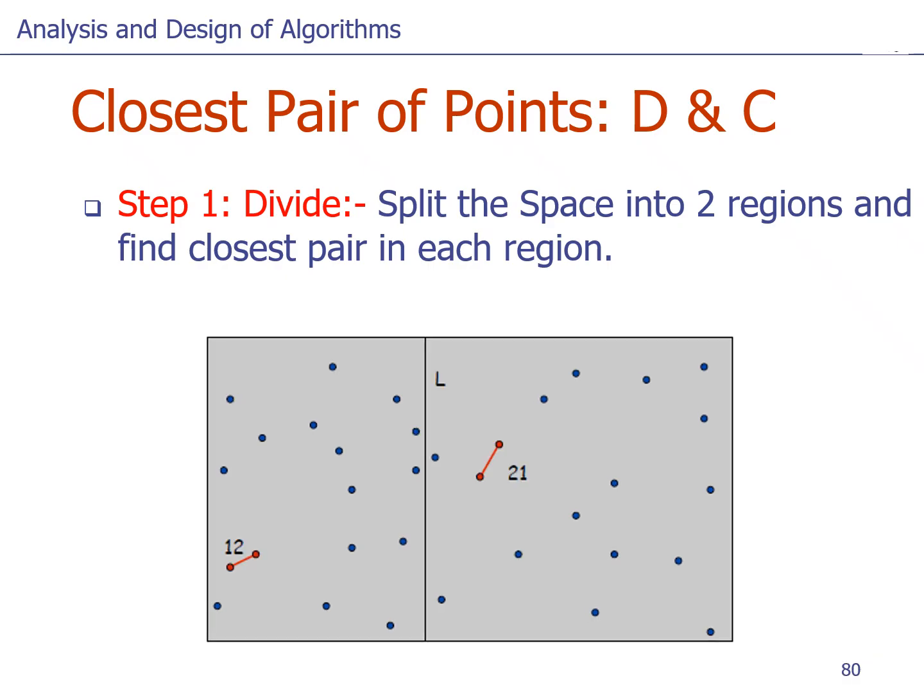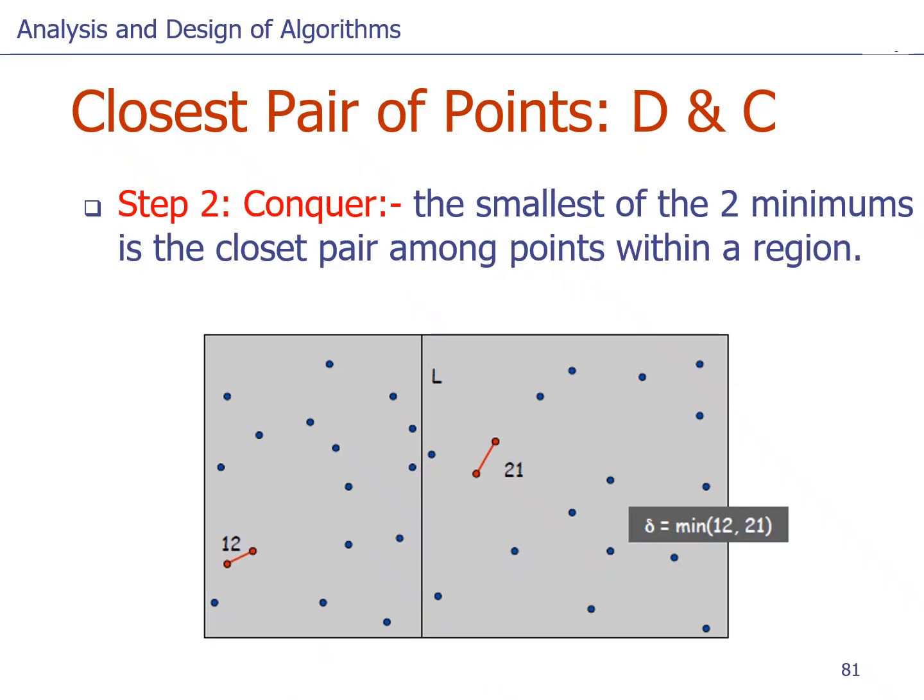So let's say after I have done that, I have found that the smallest distance between any 2 points in the left half is 12, and the smallest distance between any 2 points in the right half is 21. Since I'm going after the smallest distance in the whole graph, I will pick the minimum of the two to continue working with.